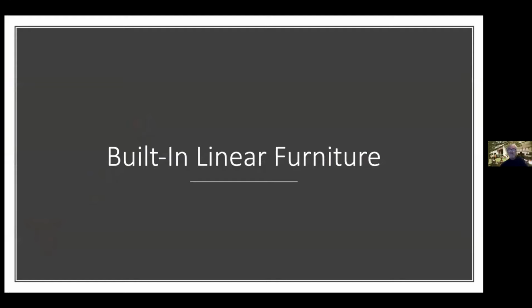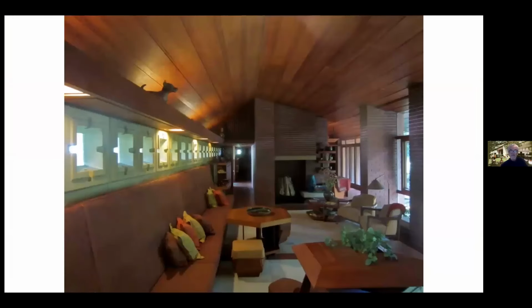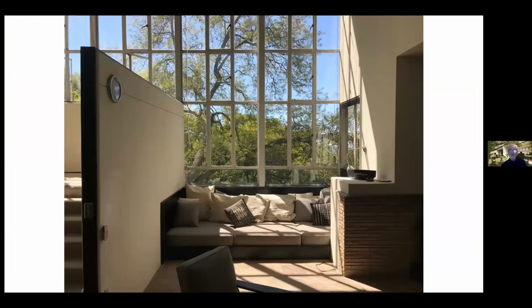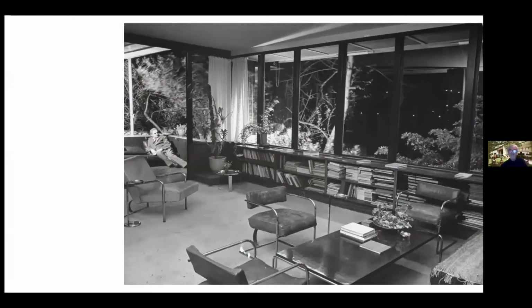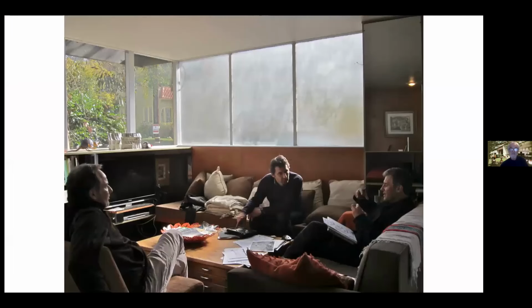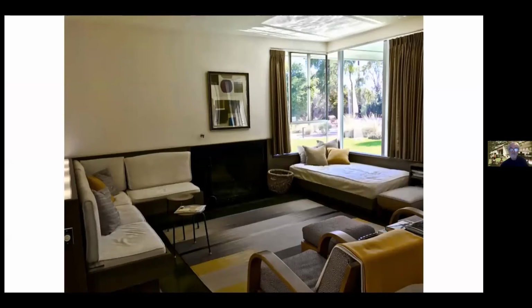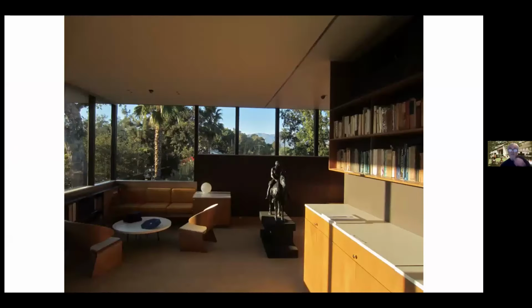A built-in linear furniture of Wright is one of his Usonian houses in New Hampshire, and you can see it again in the Lovell Health House, in the VDL, and you can see at night now how this night illumination worked. VDL again, the Miller house in Palm Springs, the second version of the VDL.